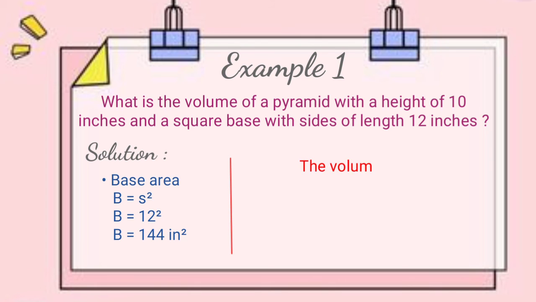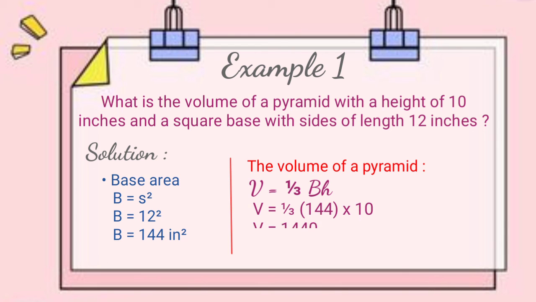Then, we insert B is 144 square inches and H is 10 inches in the formula of volume, 1/3 times B times H. We get equals 1/3 times 144 times 10 equals 1440 divided by 3. So the volume of the pyramid is 480 cubic inches.